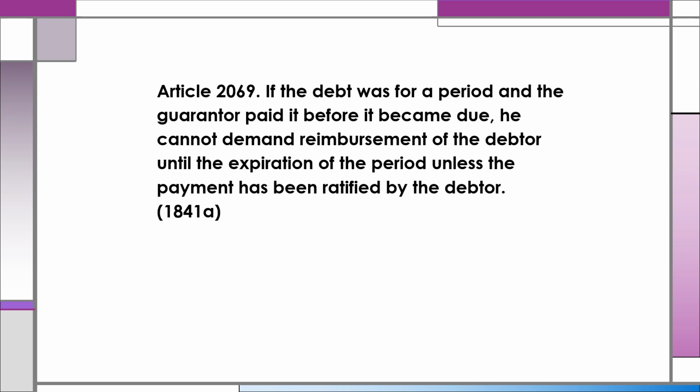So, halimbawa, the due date of the obligation of the debtor is December 30, 2020, and the guarantor pays the debt before that day. Halimbawa, November pa lang nagbayad na si guarantor. The effect is that he cannot demand reimbursement from the debtor until the expiration of the period. Kahit na maaga siya nagbayad, hindi siya pwedeng maningil kay debtor before December 30, 2020.